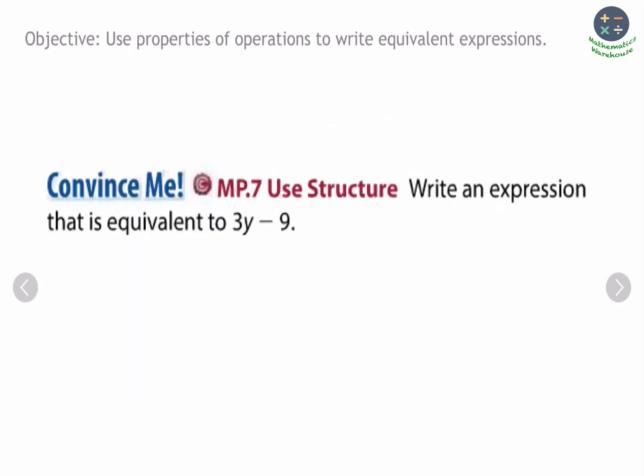Example: convince me. Write an expression that is equivalent to 3y minus 9. As we know, guys, we have many properties. Let us check. Can we use the commutative property for this? Of course not, because the commutative property doesn't work with subtraction.